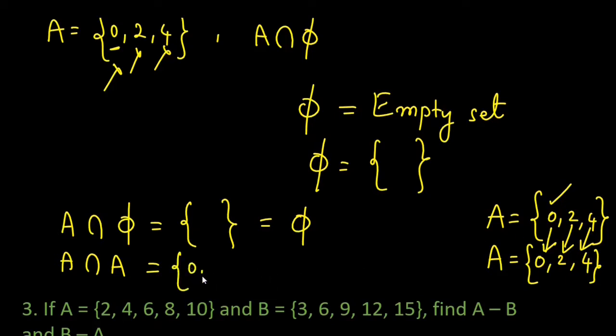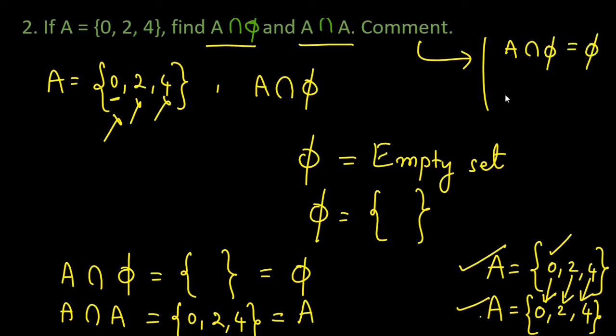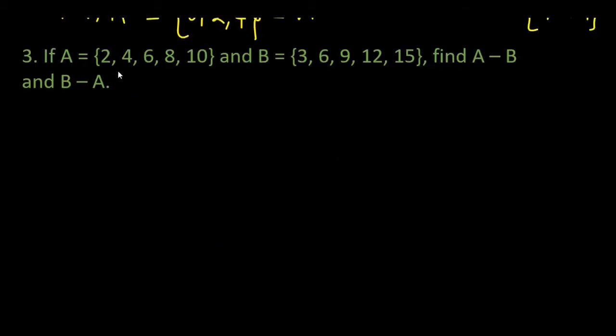So {0, 2, 4}. All the elements in the above one are there in the below one. So A intersection A is {0, 2, 4}. It is nothing but A. So what do we comment? A intersection φ is φ. A intersection A is A. This is the comment.